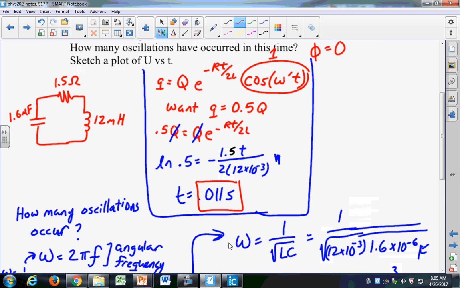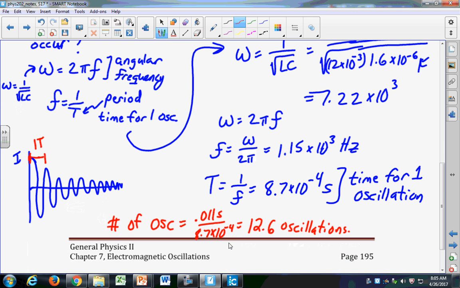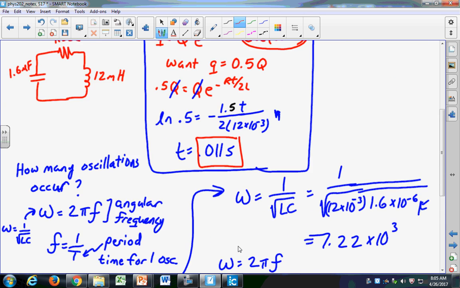Now also part of the problem, and you'll certainly need to do this, is to sketch a plot of U versus t. I've plotted current versus time, but you could also imagine this as being the energy versus time. Notice that it's just a cosine function, because that's part of our solution.